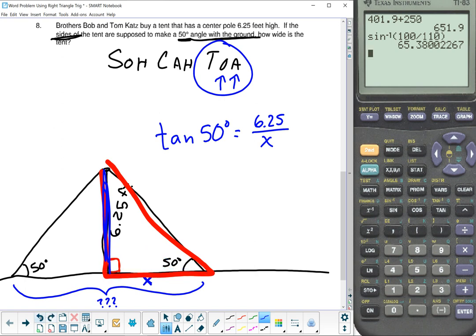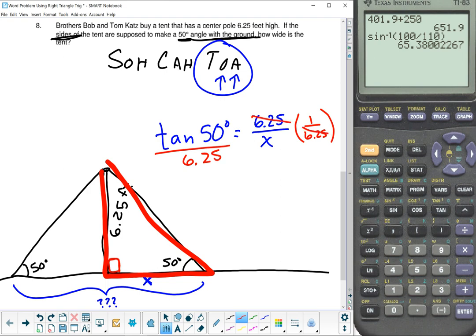This one is like one of our earlier ones. I'm going to multiply both sides by 1 over 6.25, which really means division by 6.25.